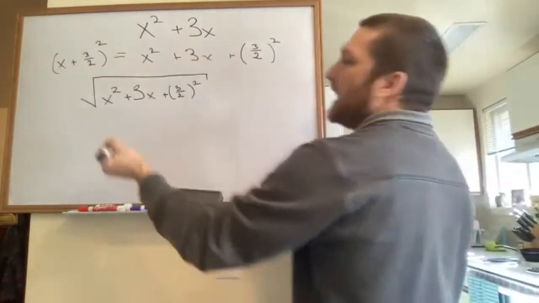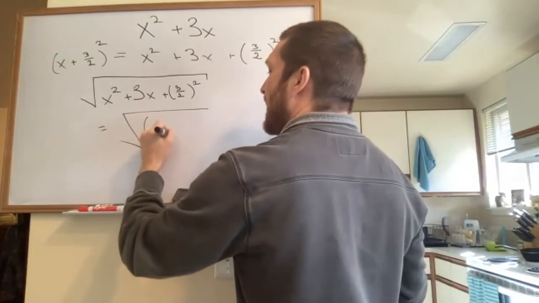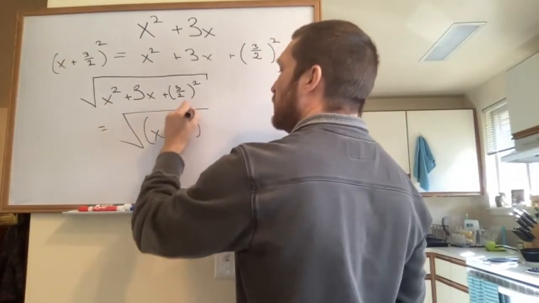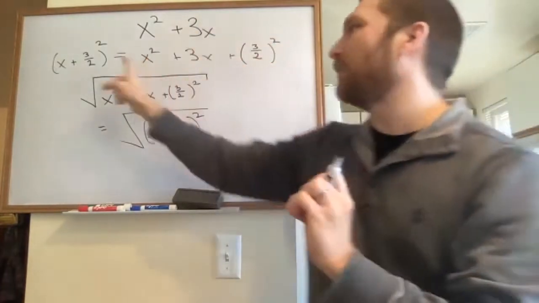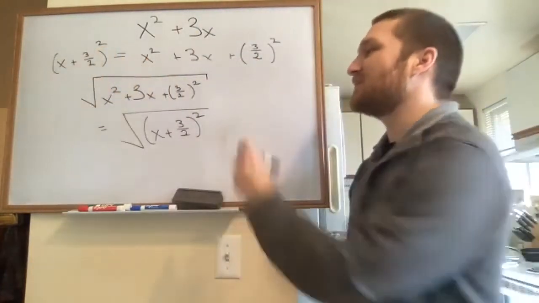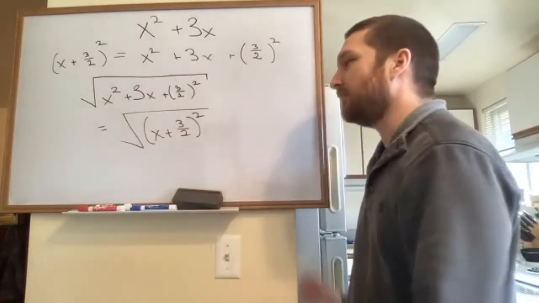And in this case, we could then rewrite this as x plus 3 over 2 squared, because this thing is equal to that thing. This is a fancy way of writing that thing right there.